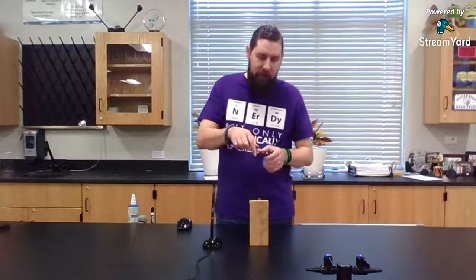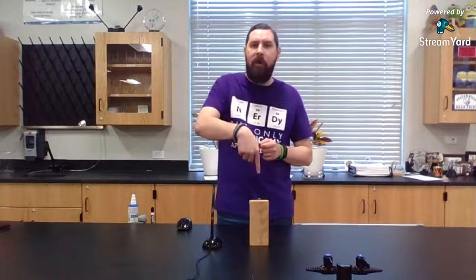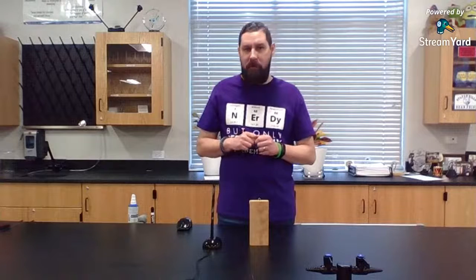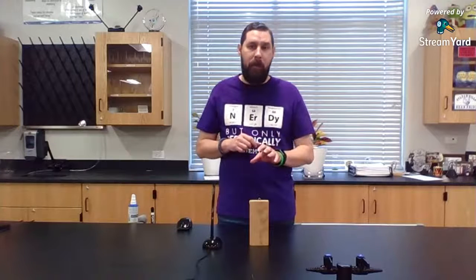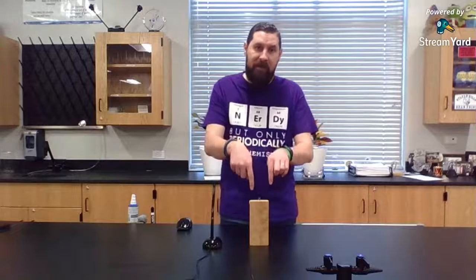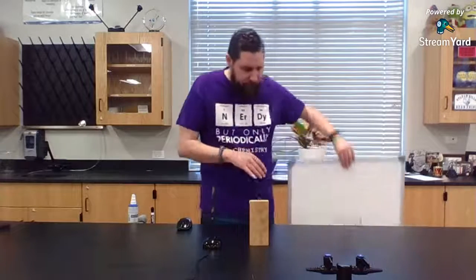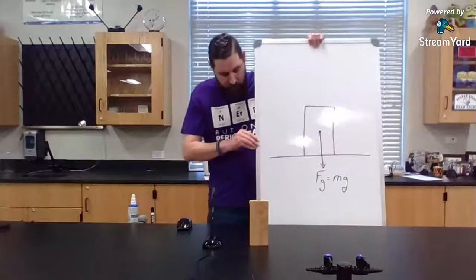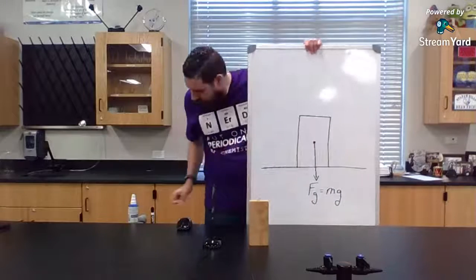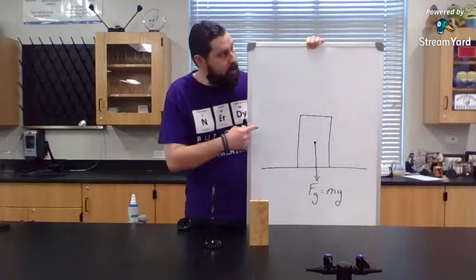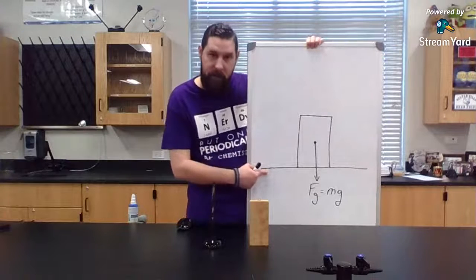So what this means is I've got a downward force. And if that were the only force that were acting on this block, then we'd see this block sinking in through the table. Now, the way that we represent that is through something called free body diagrams. So I've drawn this out, and what we've got is an idea of the table.